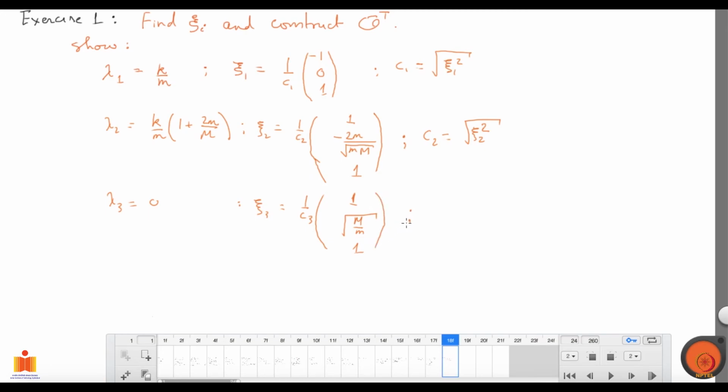Okay, and as before, C3 is xi3 square under root.